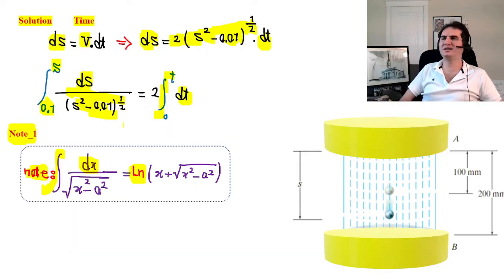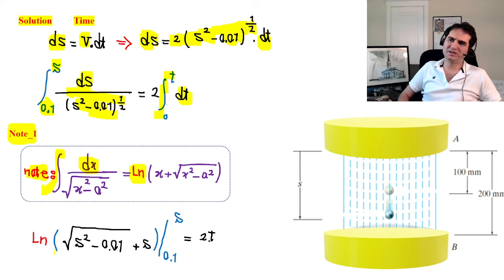If you verify the similarity between these two integrations, our integration is ln of s plus the square root of s squared minus 0.01, from 0.1 to s, equal to 2t.